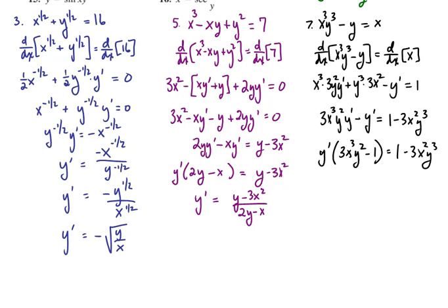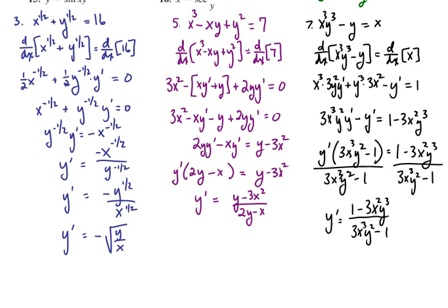Divide both sides by 3x cubed y squared minus 1, and in the end we have y prime is equal to 1 minus 3x squared y cubed divided by 3x cubed y squared minus 1, and that does it for this set.